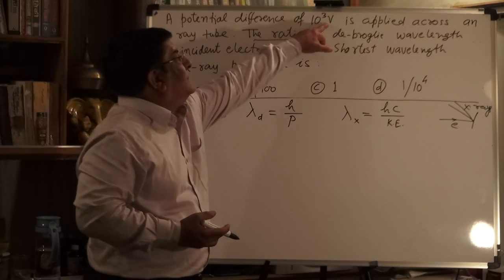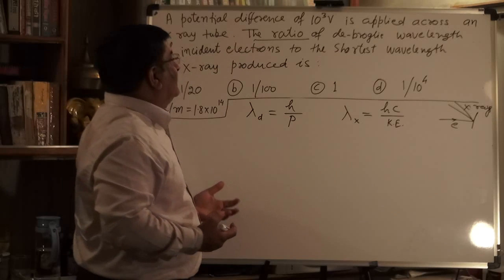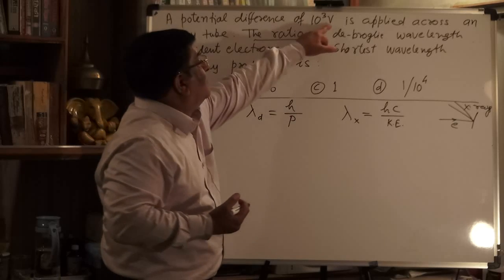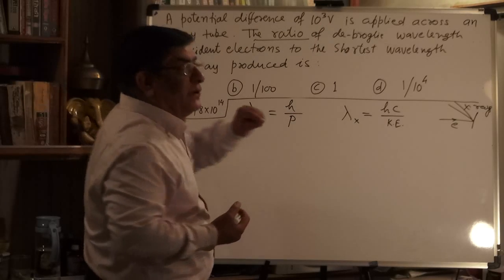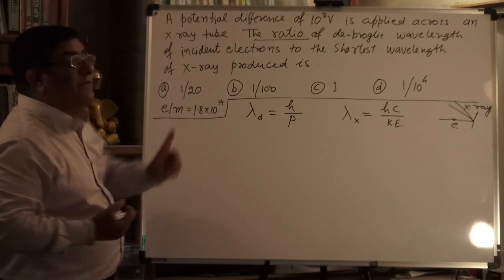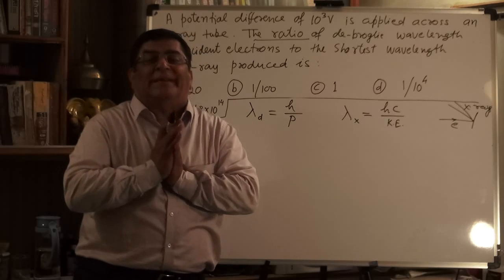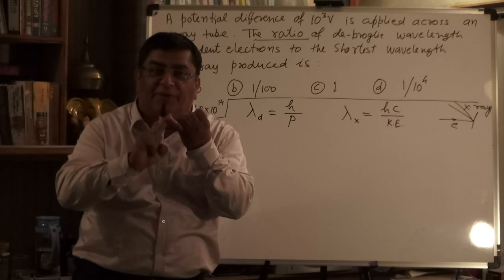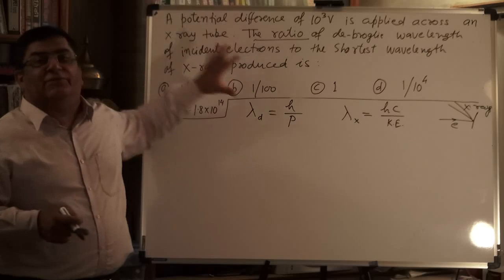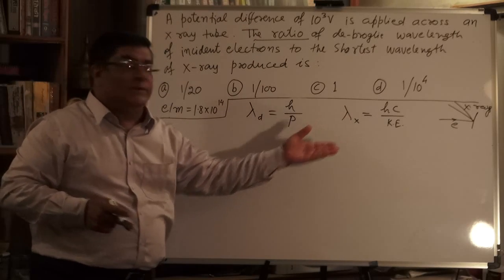The values given are the potential difference, which gives energy to electrons. So we would like to convert them in terms of potential difference. Also, we know the value of e upon m, and we know the value of charge on the electron e. So our comparison should consist of either V or e upon m, because these values are known to us. So we try to convert them.